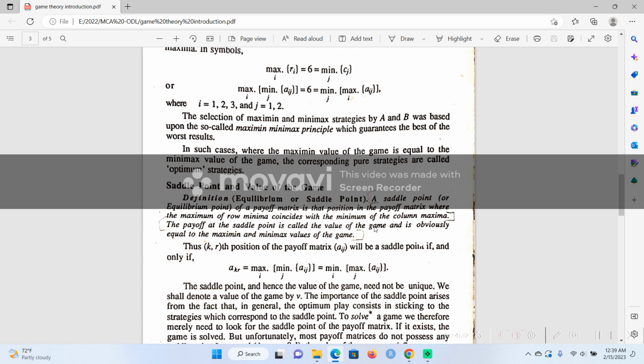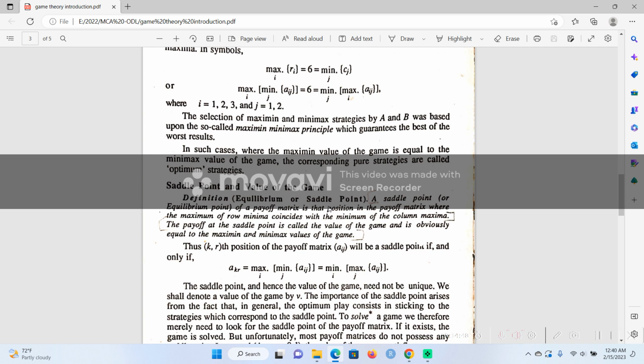If these two coincide, then that position is known as the saddle point.